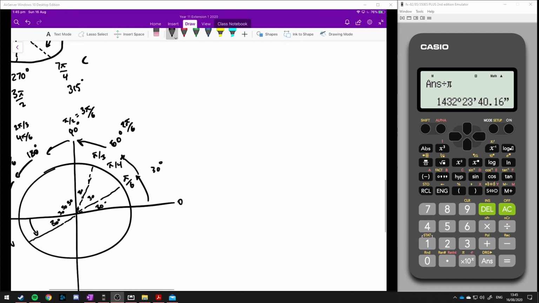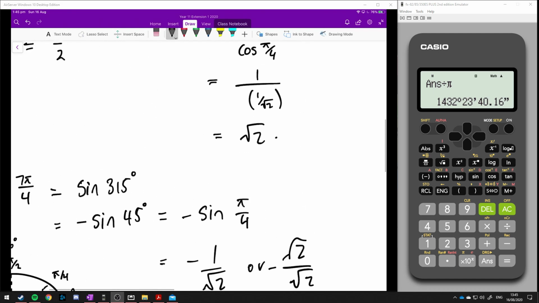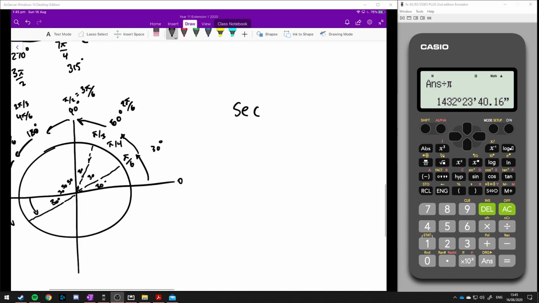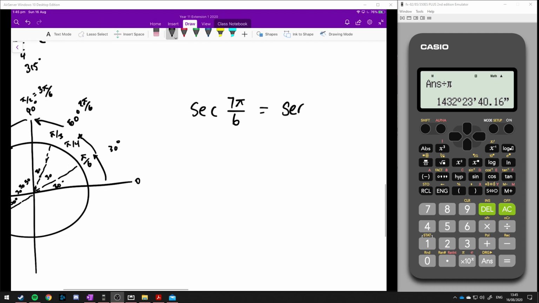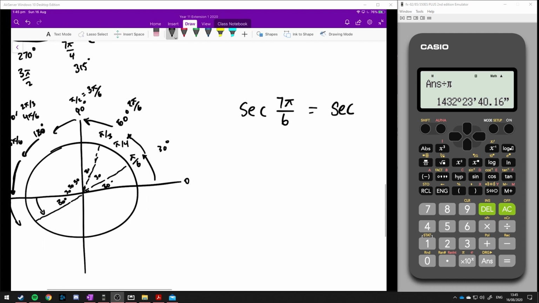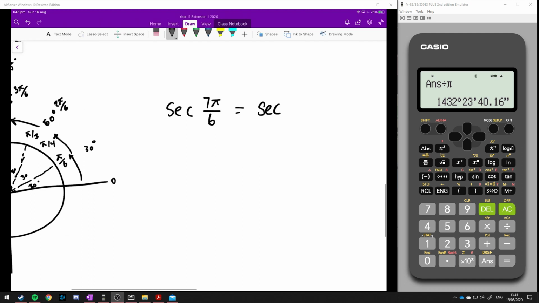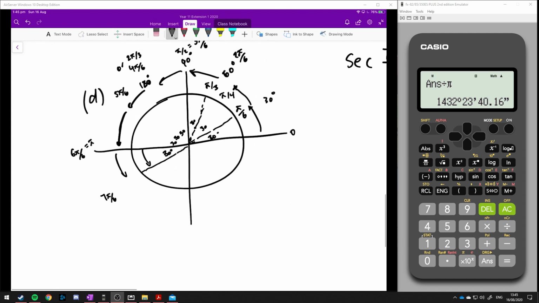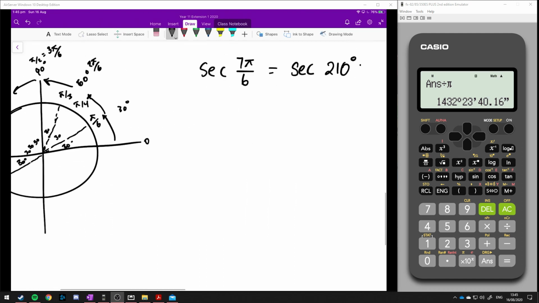So our original sec of 7 pi on 6 is the same as sec of 210 degrees. Now remember, if you find doing these exact values with the circle too hard, you can always just convert.